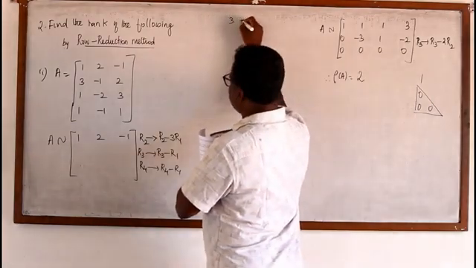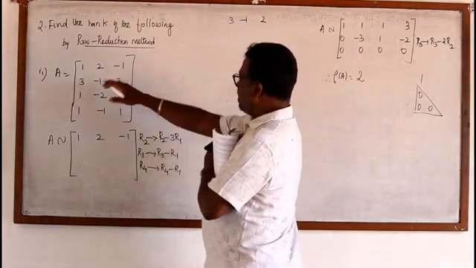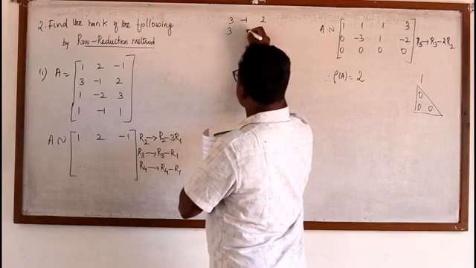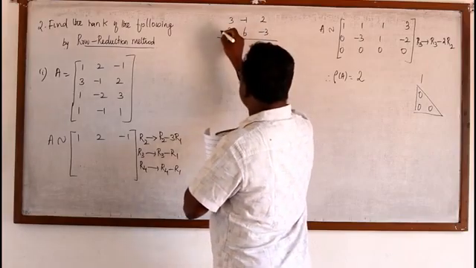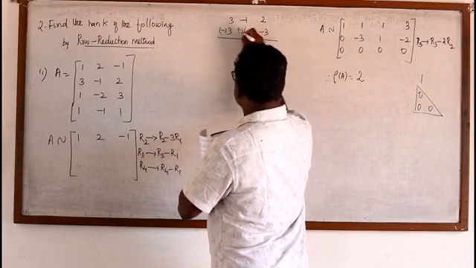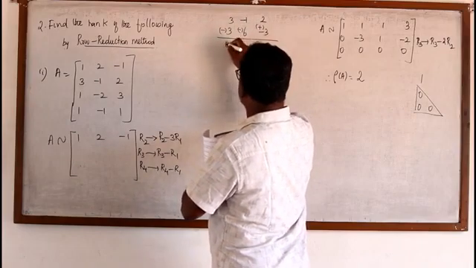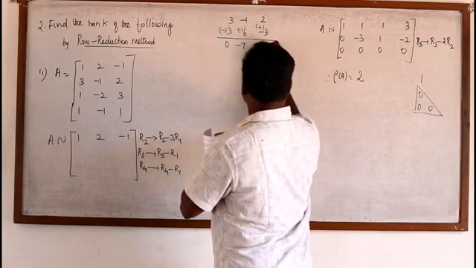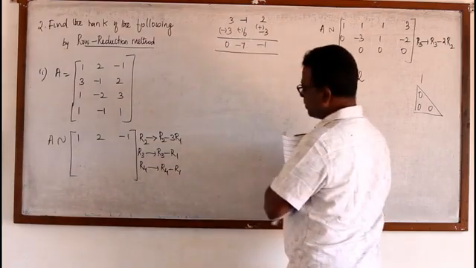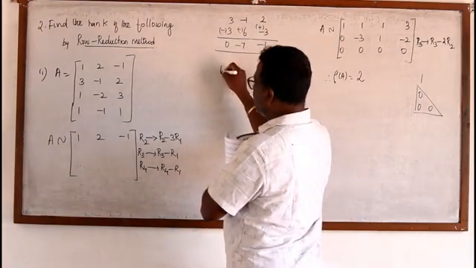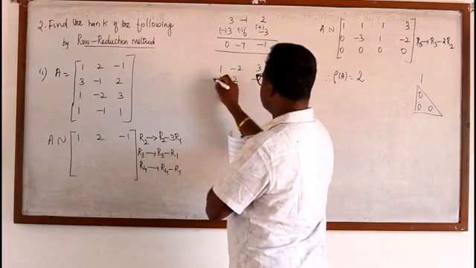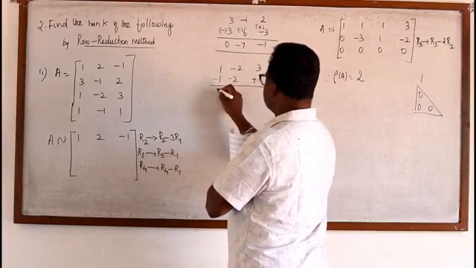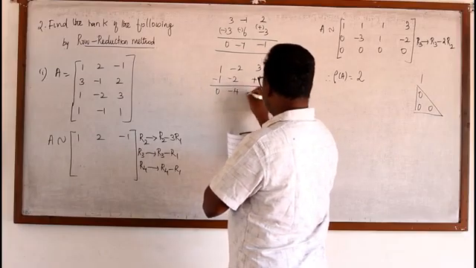R2 is 3, minus 1, 2. Multiply R1 by 3: 3, 6, minus 3. When I make minus 9 only, it becomes 0, so subtract. So it is 0, minus 7, minus 1. This is the second row. R3 is 1, minus 2, 3; R1 is 1, 2, minus 1. Subtract, this will become 0, minus 4, 4.